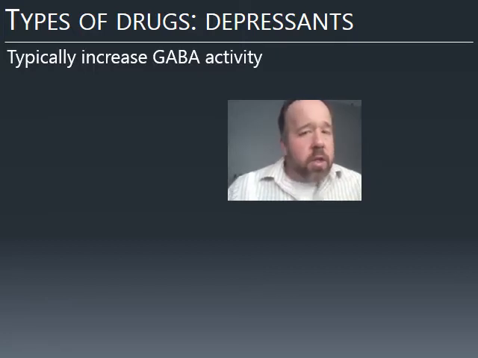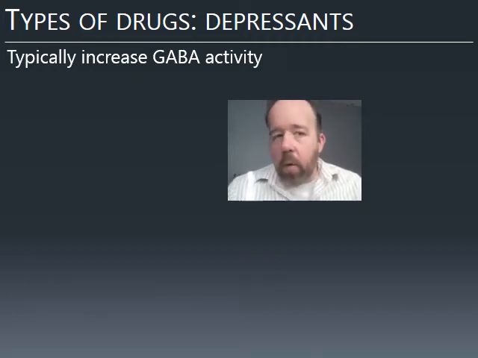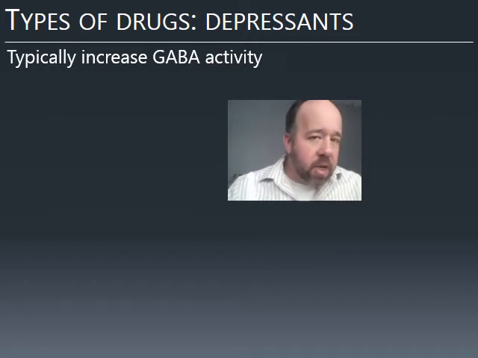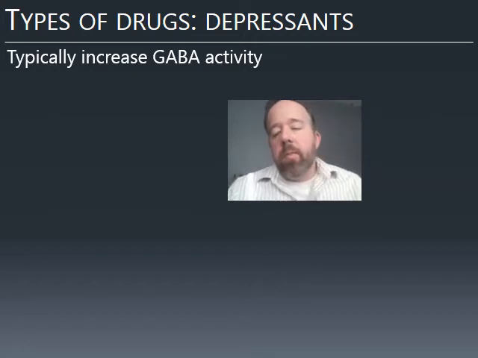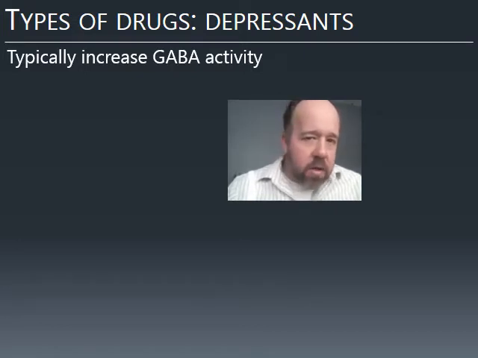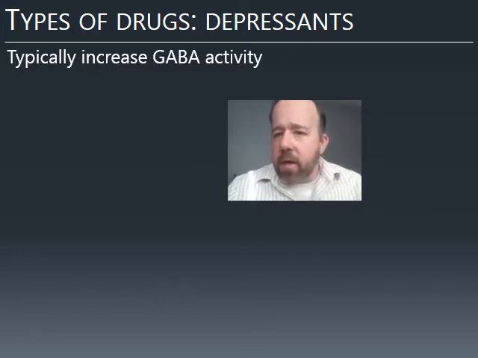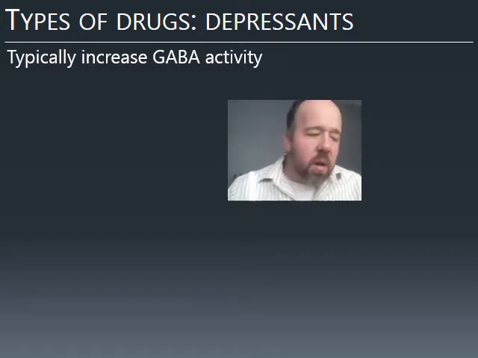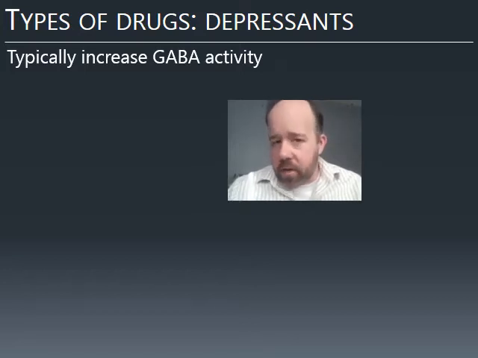So if you increase GABA activity by either mimicking the molecule itself or by binding to GABA receptors and acting like GABA, what you're going to do is inhibit the nervous system. And inhibitory neurons that use GABA are fairly common. They make up about 15% of synapses in your brain. So this is a common neurotransmitter. And so depressants usually increase its effectiveness.